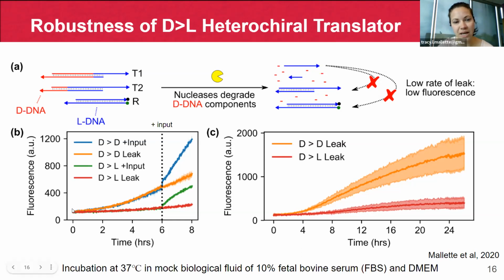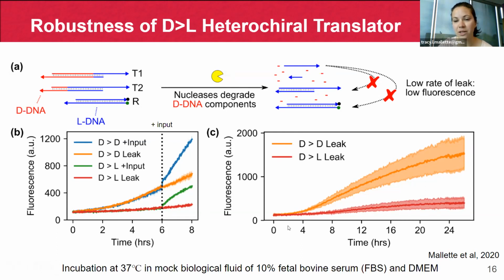And you can see that if it's all dDNA, you get a really rapid amount of leak. And if you trigger the input, you still get response at 6 hours. But what's really notable here is that going from D to L chiral domain, there's very low leak, and then you still get a system response when you trigger in that input.